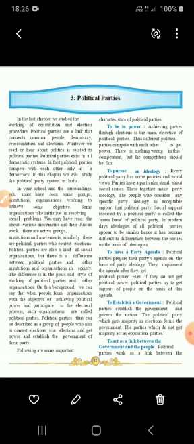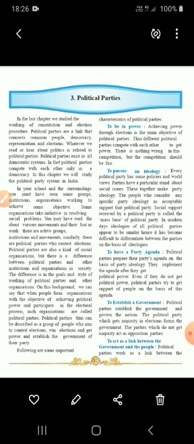So political parties can be described as a group of people who aim to contest elections, win elections, get power and establish the government of their party. So the main aim of a political party is to contest elections, win them, and form and establish their government.